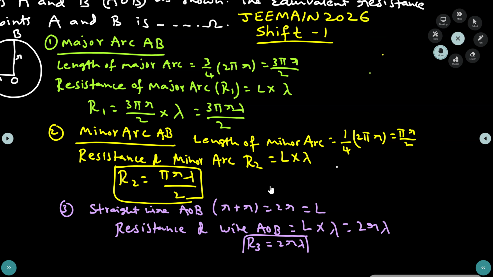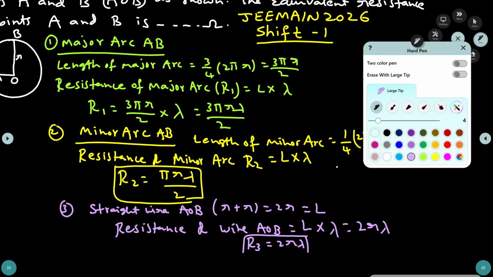That means you can conclude that these three have the same potential difference across them. The voltage is the same. Therefore, it is a parallel connection, and you can observe this question in the parallel form.